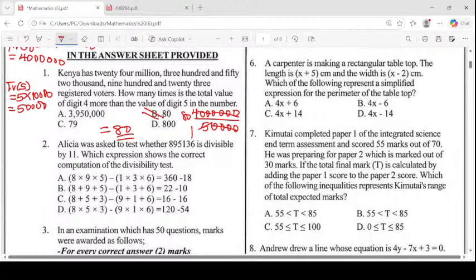Learners, for us to respond to this question well, we need to remember how we check the divisibility test of numbers. A number is divisible by 11 if the difference in the sum of the alternating digits is either a 0, 11, or a multiple of 11.